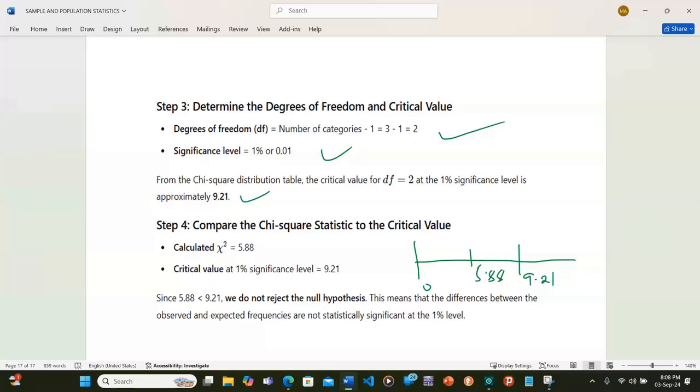So the critical one is above the chi-square statistic that we have calculated. So this 5.88 is outside the rejection region, and therefore we fail to reject the null hypothesis.